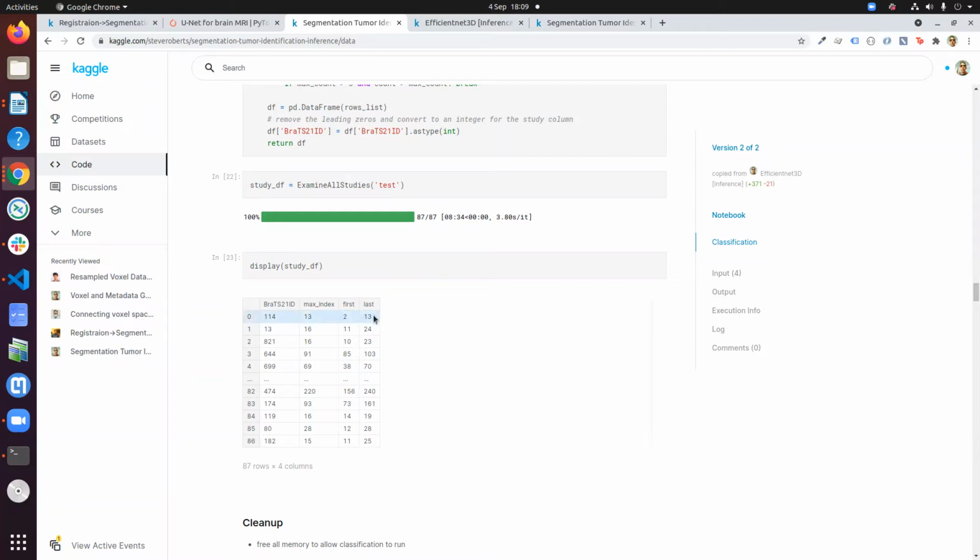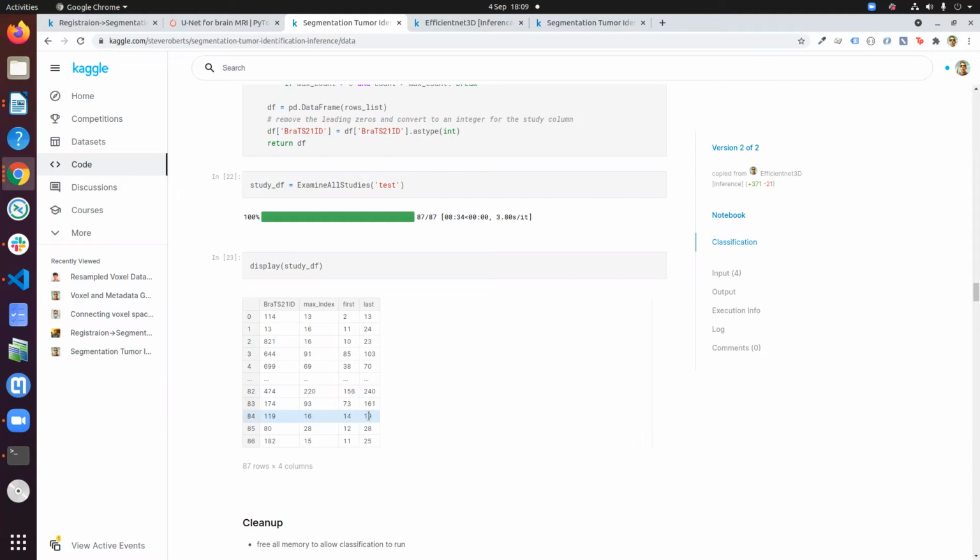For some of them you get quite a large range. On one, it started finding tumor at slice 73 and that went all the way to 161. Whereas on other ones, there's a very small gap between the two. Here it first found one on 14 and stopped finding on 19.